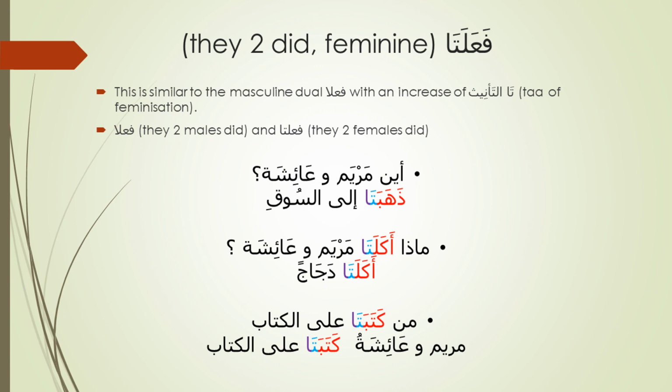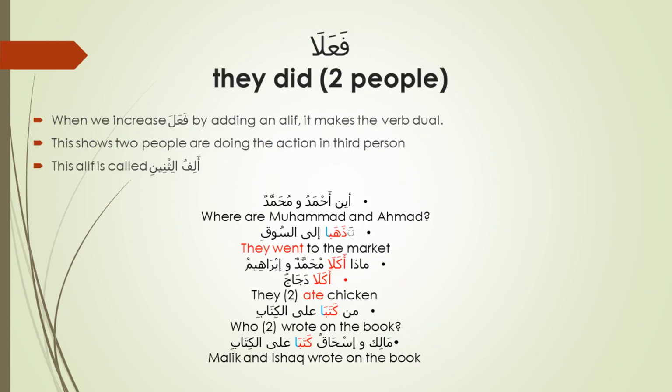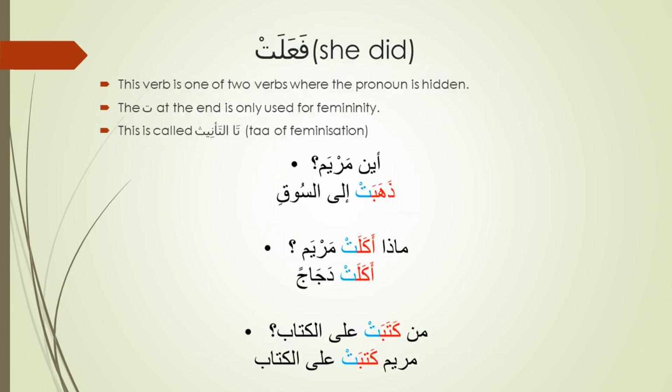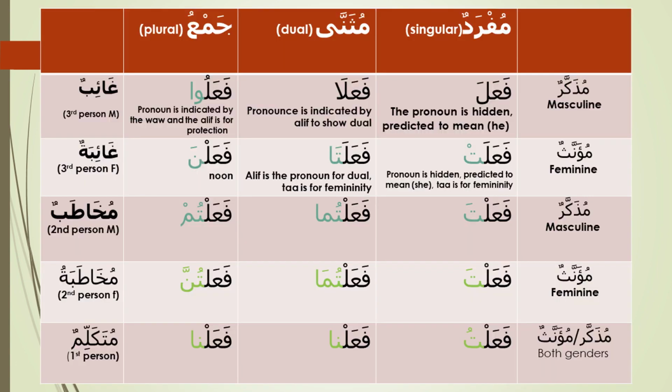Before we go to the last one, we've done fa'ala, fa'alu, fa'alat, fa'alata, and then there's one more left. If we go to the full table, we've done 1, 2, 3, 4, 5.